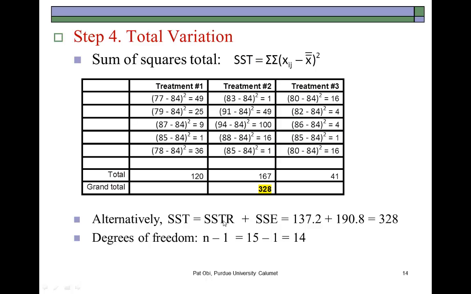For sum of squares treatment, it's 137.2. For sum of squares error, it's 190.8. You add up these two numbers to get 328. And the degrees of freedom for total is the traditional n minus 1, which in this case is 15 minus 1, or 14.